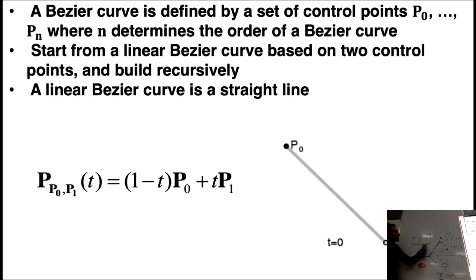P1 minus P0 is this. But remember, all vectors start from 0, so here. You get it?